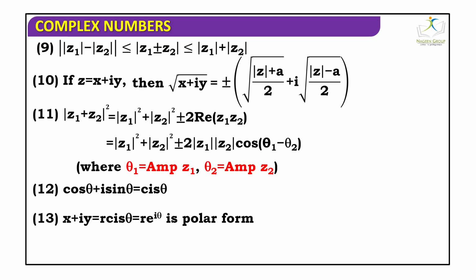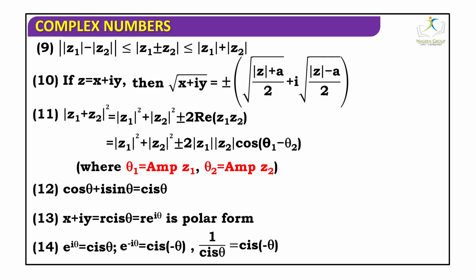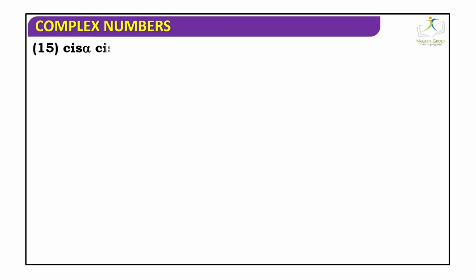If we have x plus iota y, then it is r cis theta and it is equal to r e to the power iota theta, which is the polar form. If we have e iota theta, we can write it as cis theta. If we have e minus iota theta, then it will be cis minus theta. 1 by cis theta is equal to cis minus theta.